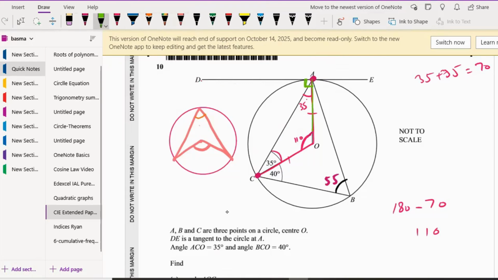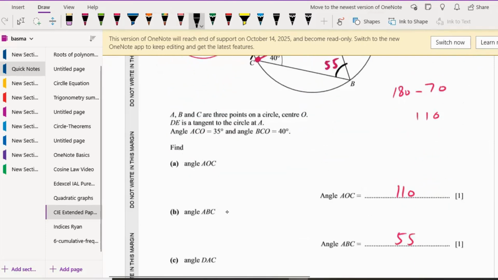OA is a radius, so it will make an angle of 90 degrees with the tangent. So you know the total angle is 90, and you want to find out the black one, so you just do 90 minus 35. That will be 55. So DAC, D to A to C is 55.